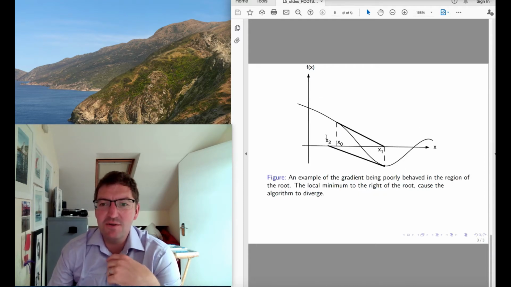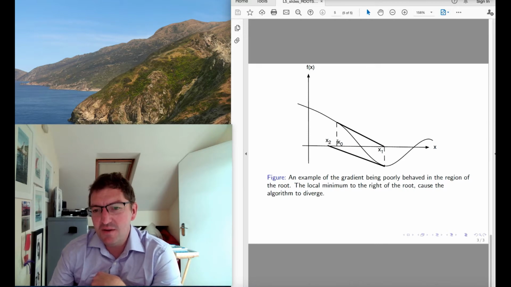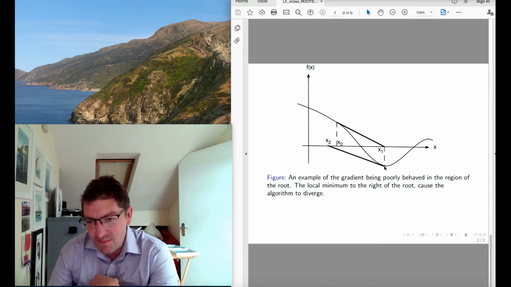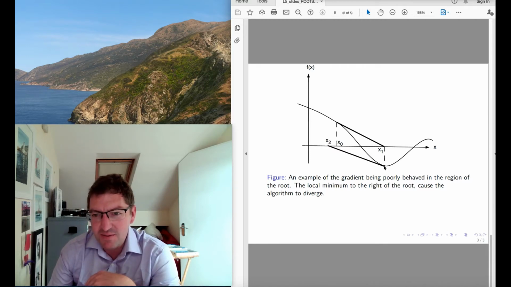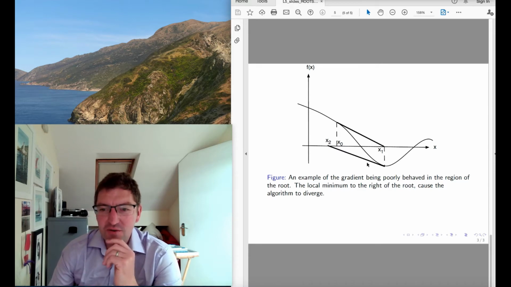But here's an example when it doesn't converge. Last time I just drew schematically the worst example, when you've got gradient 0. Well, this is an example where you start at x0 at this point, and it goes down to x1. Now it goes slightly to the left of the minimum, but still it's pathological, because x2 turns out to be further away from the root than x1. So if we carry on this iteration, it will diverge.